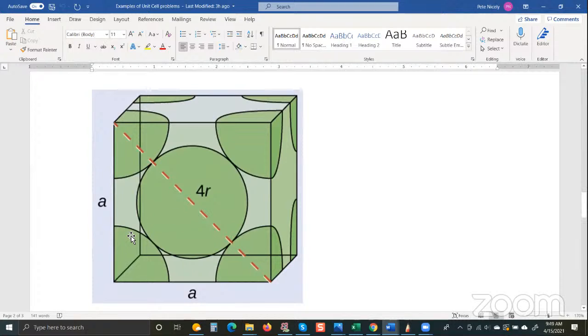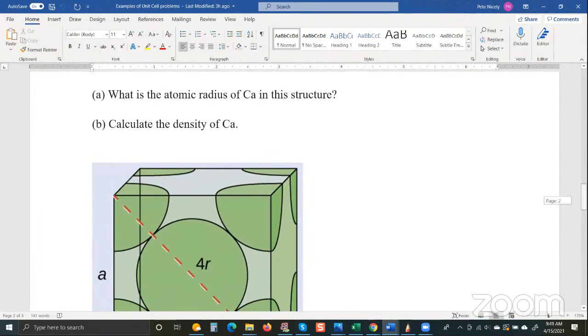Now, in this diagram they only showed you one face in terms of the atom occupying that face. But the other faces will also have an atom here, one below, one to the left, and one behind, which we can't see. So this is just giving you an idea as to what we're working with when it comes to answering this question. The first of which is, what is the atomic radius?